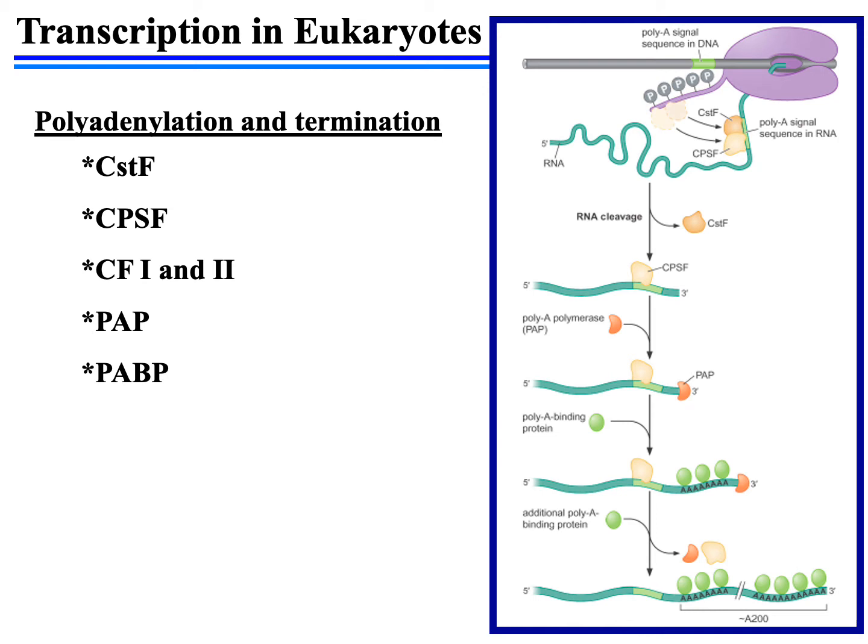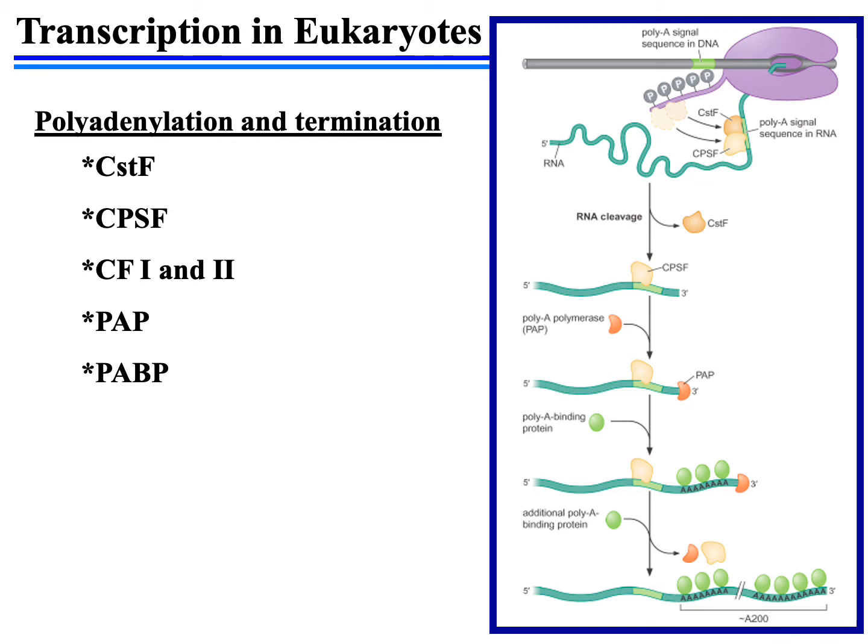So what I want to do is talk about some sequence components in the gene and corresponding RNA. Then I want to outline for you or define the protein factors involved in the process. And then we'll look at putting all the pieces of the puzzle together, looking at it step by step.